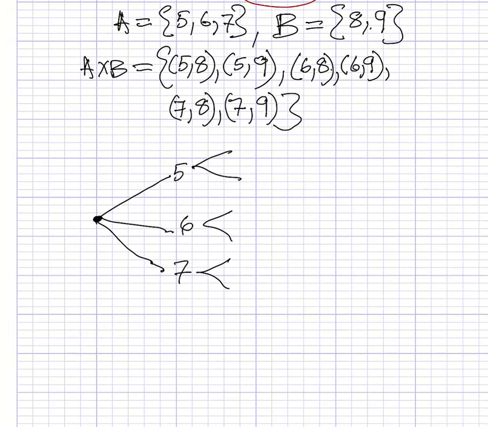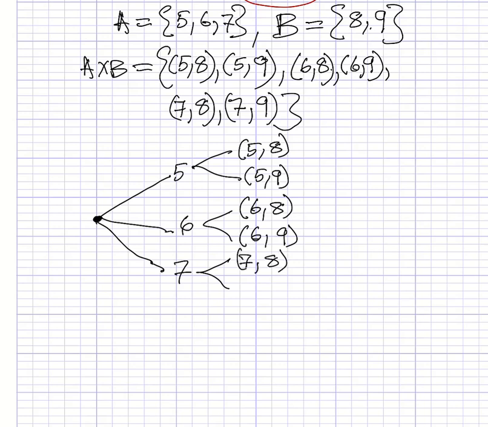That's all. You say 5, 8, 5, 9. You see? We're coming up with the same thing we did above. And then you say 6, 8, and then 6, 9, right? And then you say 7, 8, 7, 9.